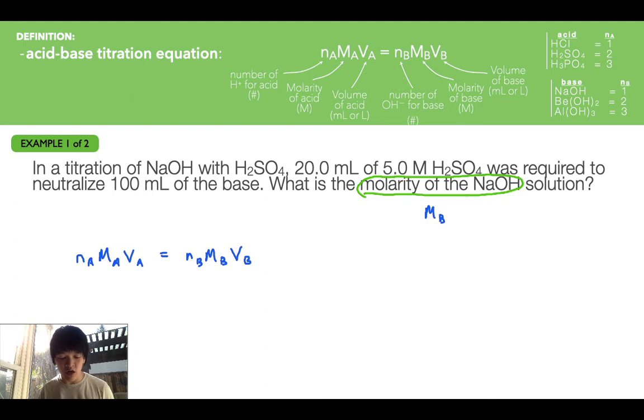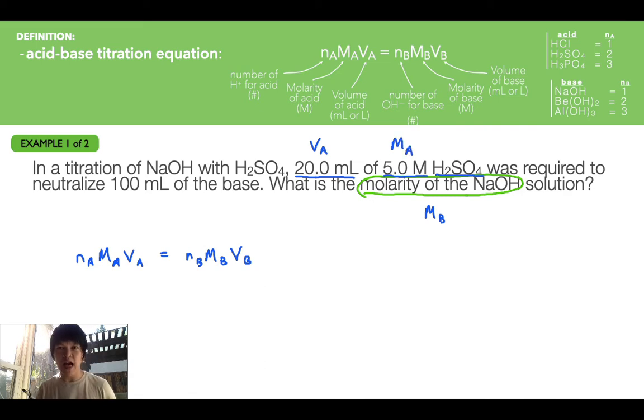So let's go ahead and get started. In the titration of NaOH with H2SO4, 20 milliliters of 5 molar H2SO4. So H2SO4 is an acid. We have 20 milliliters of it, so we know the volume of the acid is 20 mL. 5 molar of acid, so we know the molarity of the acid.